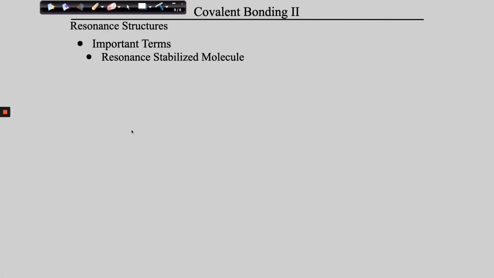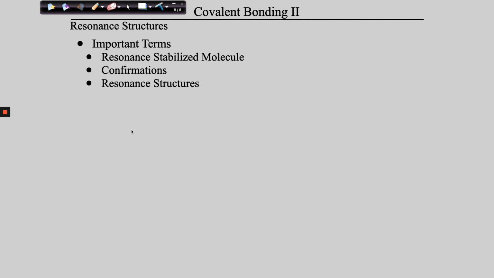So guys, these resonance-stabilized molecules exist or we represent them as multiple conformations. There's another name, though, that you may hear in college or you can use in this class for conformations.